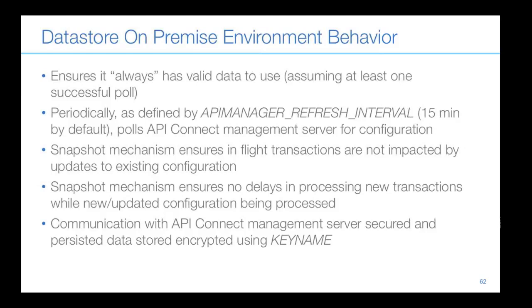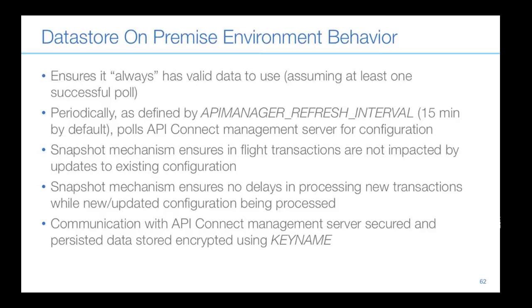So the snapshot mechanism makes sure that these in-flight transactions aren't impacted by any updates to existing configuration. And it really makes sure that there's no delays or latency that occurs while processing new configuration. So new configuration won't be made available until it's completely been processed and the optimized data model has been completely populated.